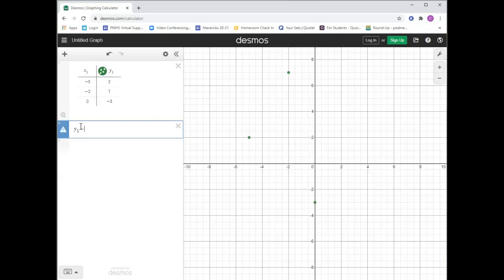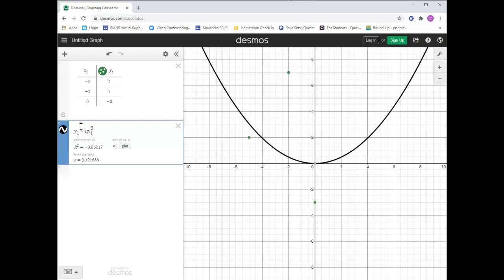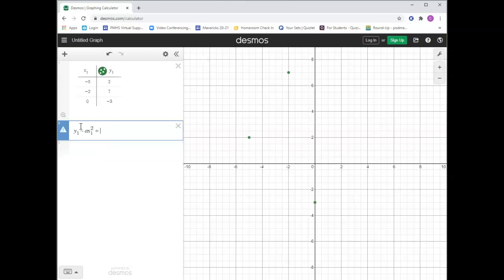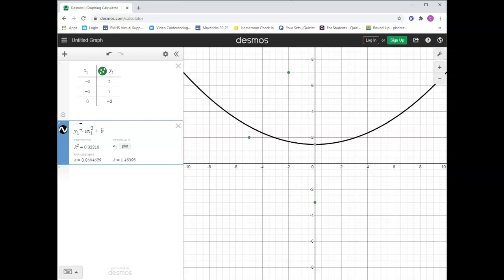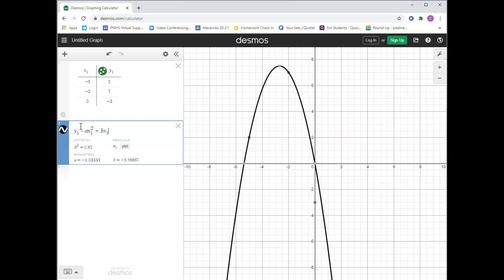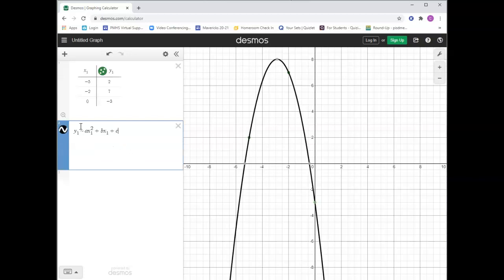And it equals a times x1 squared. Remember, to do an exponent, you type the caret. And then plus b times x1. So instead of bx, it's plus b x sub 1. And then plus your constant, c.